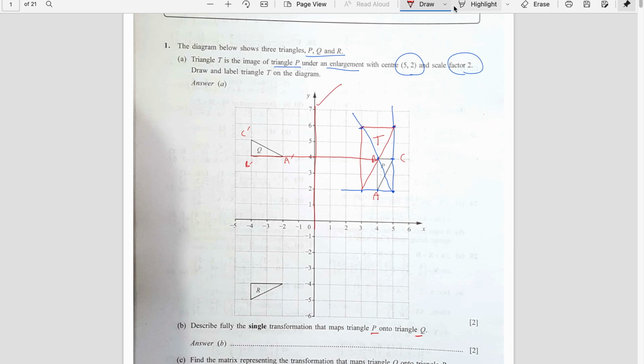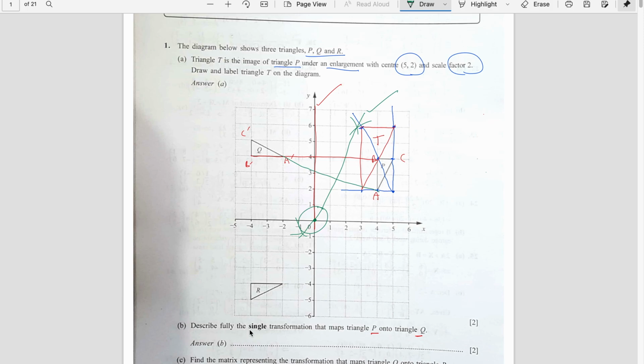Now join other 2 points, any 2 points. I'm selecting A and A dash. You may choose C, C dash. Now draw the perpendicular bisector for this line as well. So draw the arcs and draw the line. So where these two perpendicular bisectors meet, that is the center of rotation.